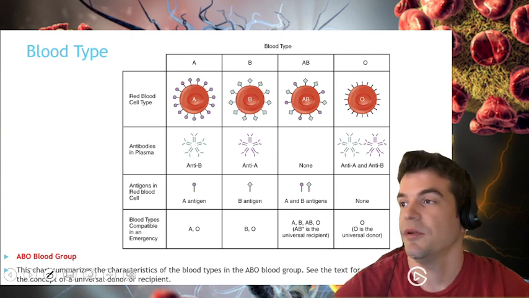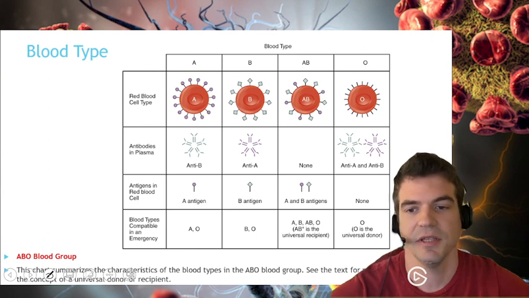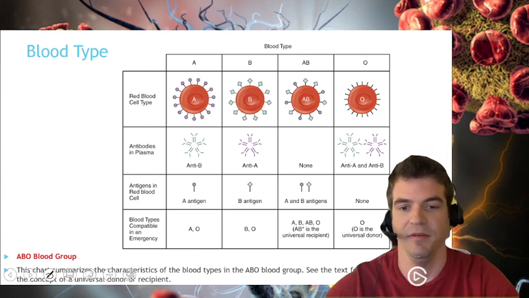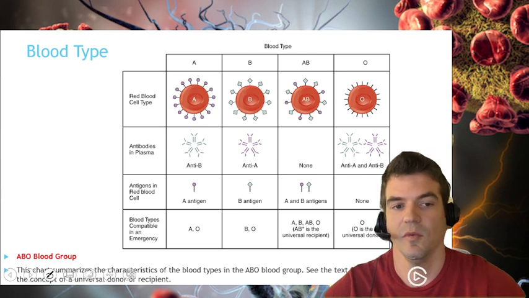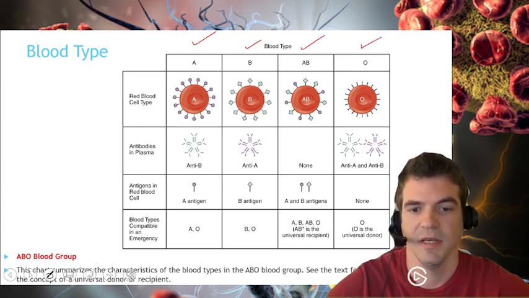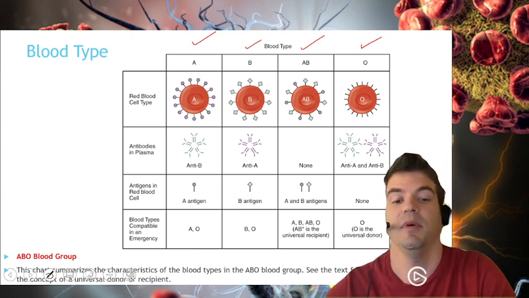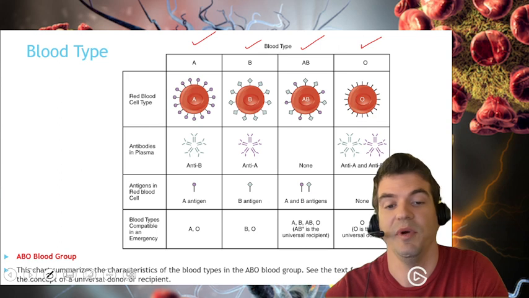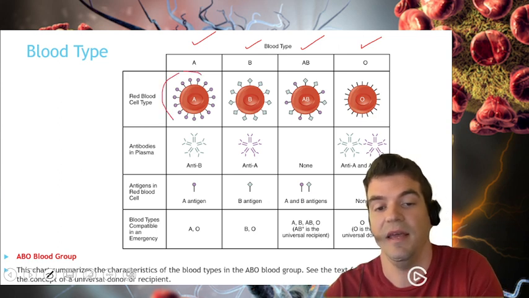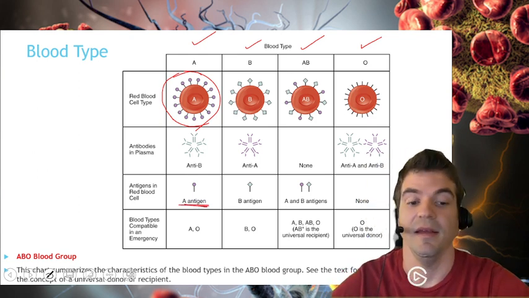Speaking of which, we can talk about blood types and the different types of blood groups that we have. We have type A, type B, type AB, and type O. You may have seen this in anatomy class, but if you have the A antigens, you wouldn't have an A antibody.